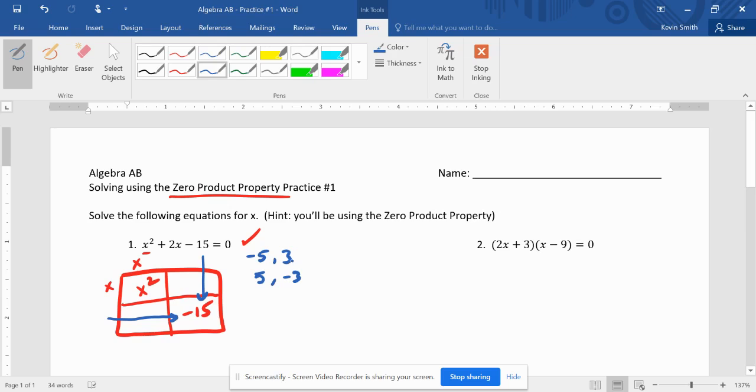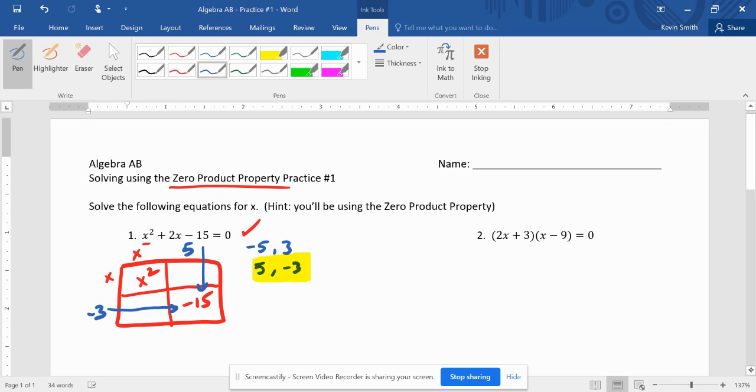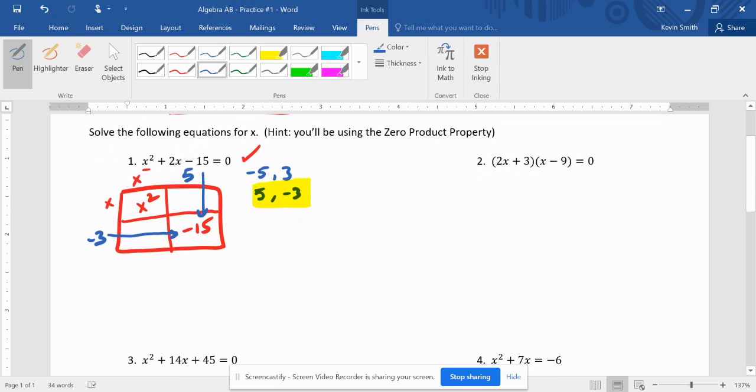It's definitely going to be one of those two options. We're going to look at this one is definitely going to be the right one, 5 and negative 3. So that means my factors are going to be x plus 5 times x minus 3 equals 0.